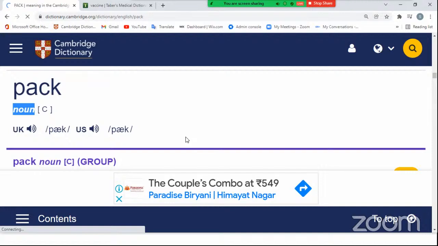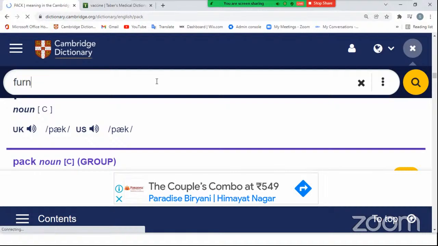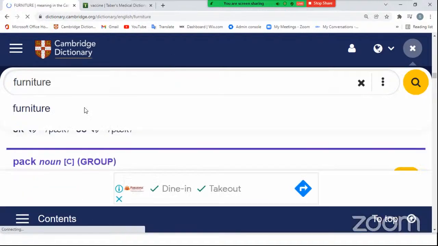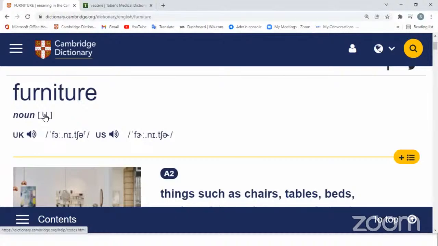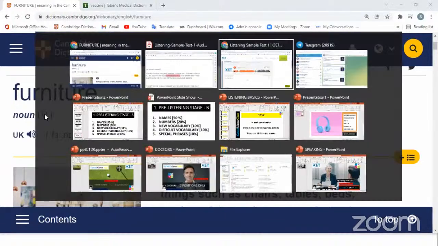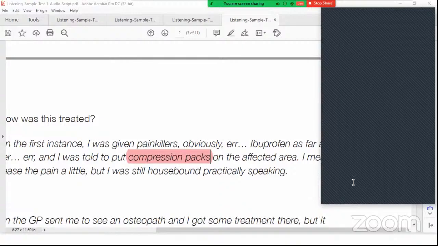Furniture is uncountable. You cannot count one furniture, two furnitures, three furnitures. It is rubbish. Furniture is furniture. There is no A and no S. Now you understand what is countable and uncountable. I am taking you to a serious depth of the level.